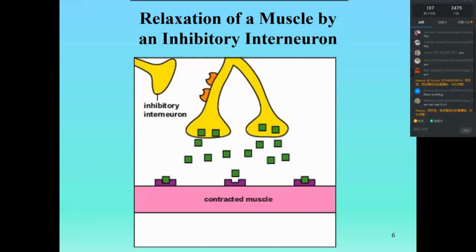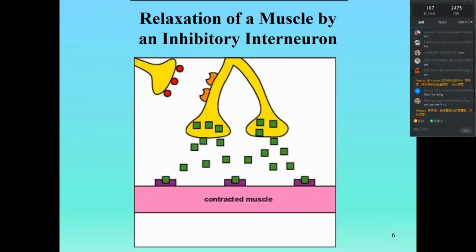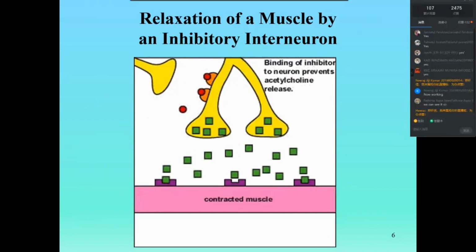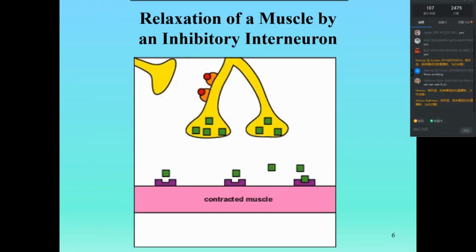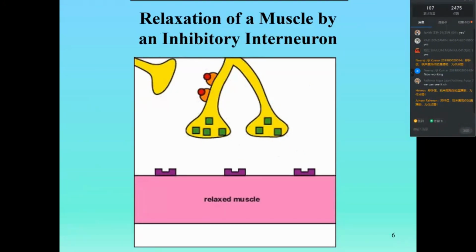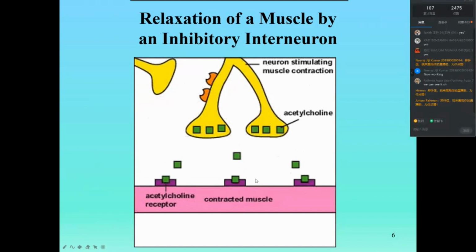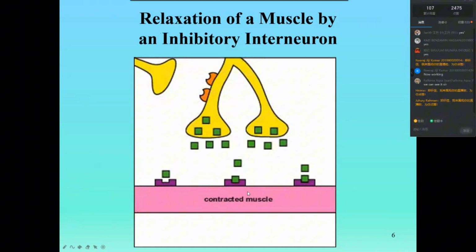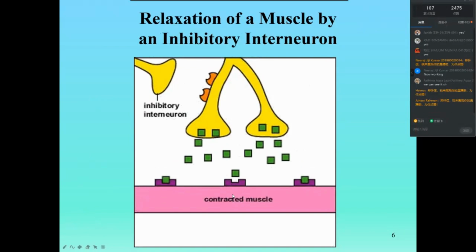Here is how the tetanus toxin causes disease in humans. This is a normal model of our human nerve cell and muscle cell interaction.